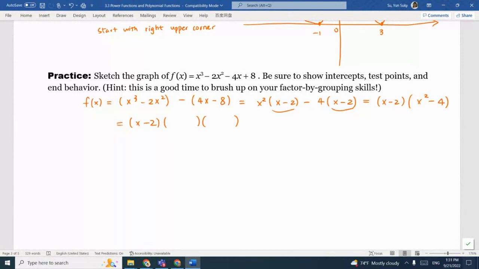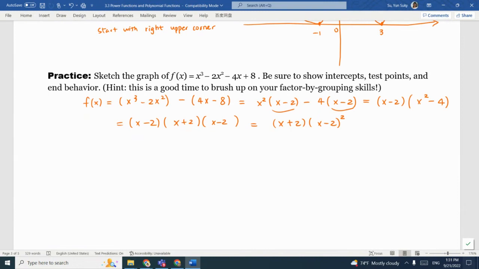So we have x plus 2 and x minus 2. Do you see we have two copies of x minus 2? So we should combine them together. So we have x plus 2 and x minus 2 squared. We need to combine them because what's the multiplicity? 2. It's not 1. It makes a big difference, right?